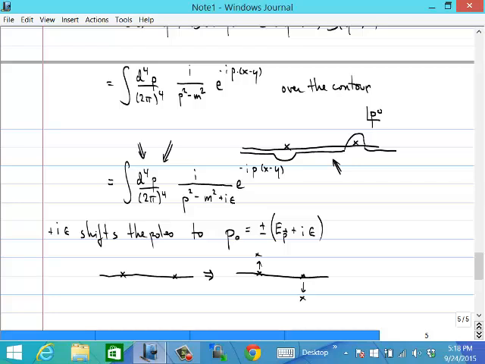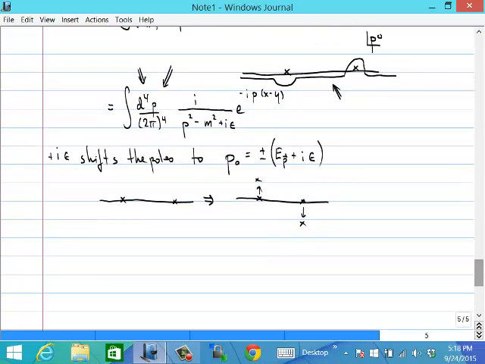Okay, so this really concludes just about everything that I wanted to say about free scalar field theory at this point. So we've so far computed 2-point functions.